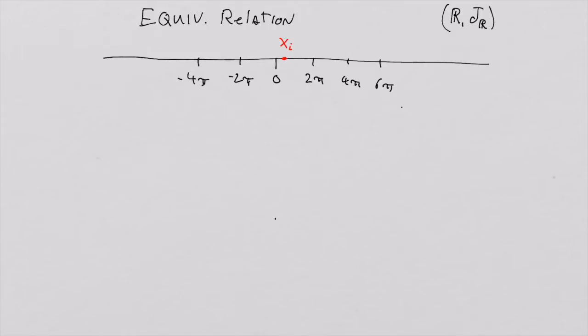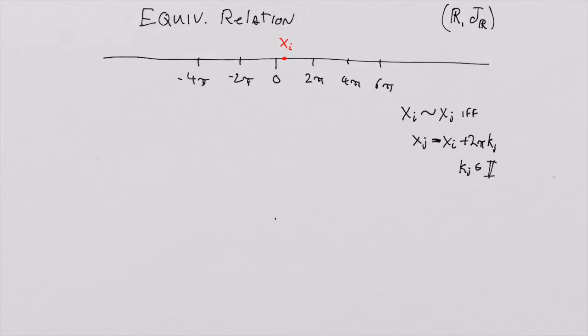I'm going to say that xi is equivalent to xj if, and only if, xj equals xi plus 2 pi times kj, where kj is an element of the integers.